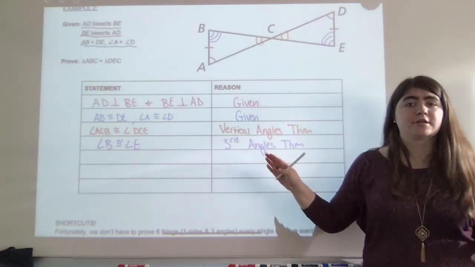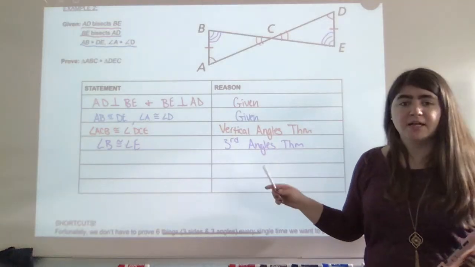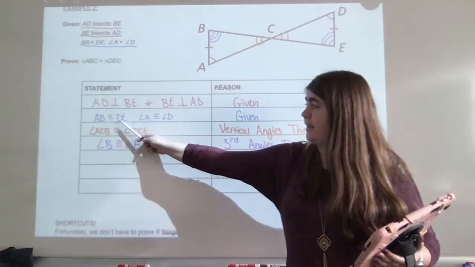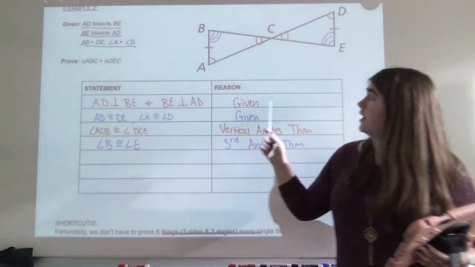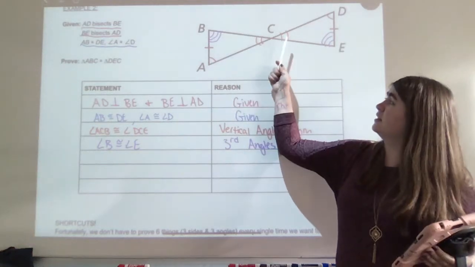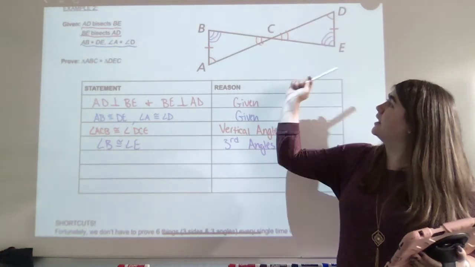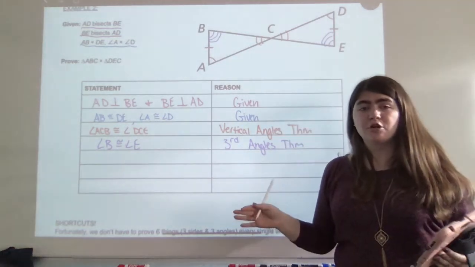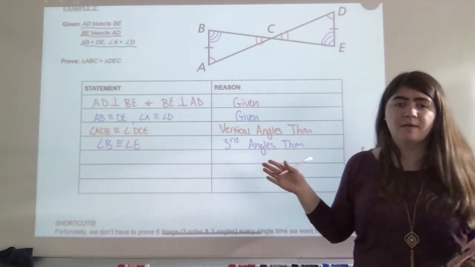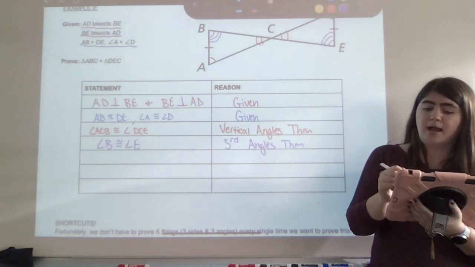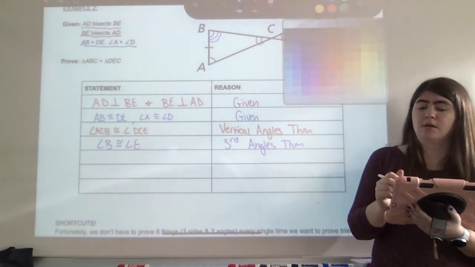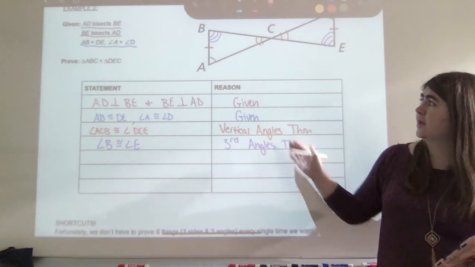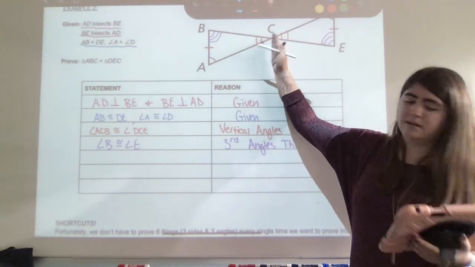My angles are covered. Now I need to show that my sides are congruent, and I already have one of them up here, so I now need to show that AC is congruent to CD and CB is congruent to CE. If I can't show that those are congruent, then I can't say my triangles are congruent. But I think we can show that they're congruent. We're going to go ahead and start with AC and CD.